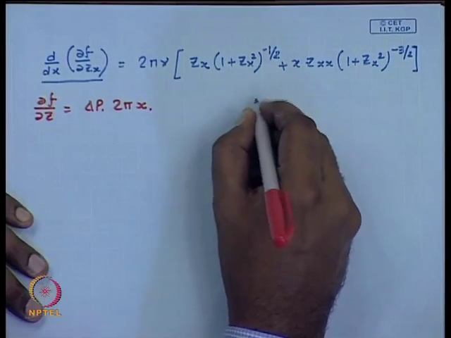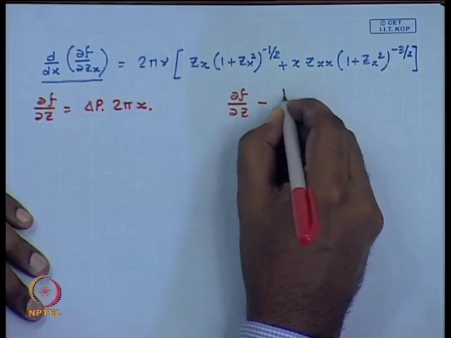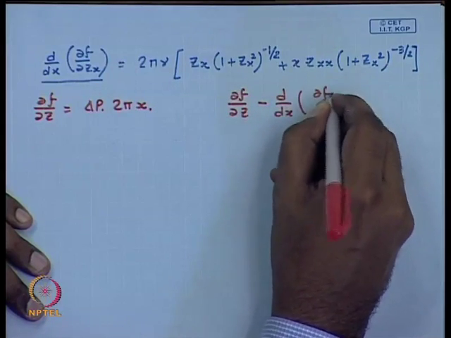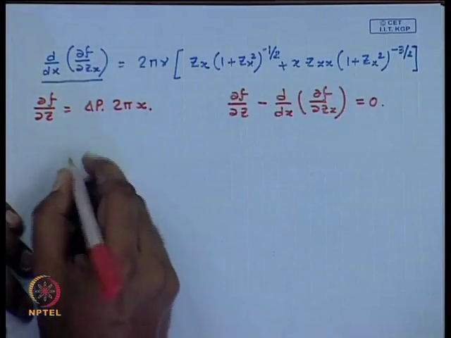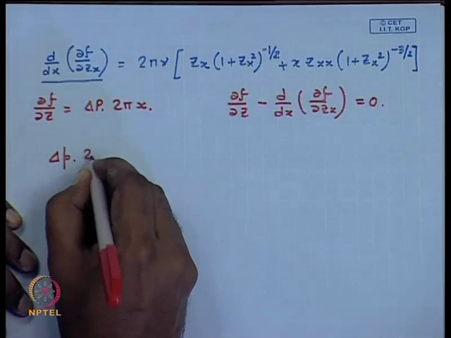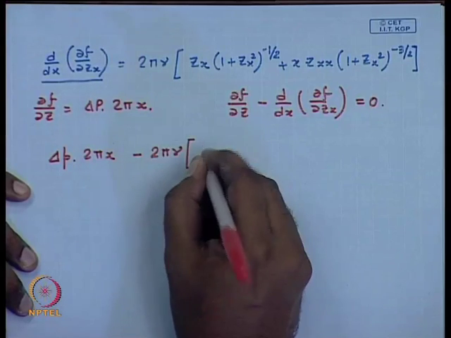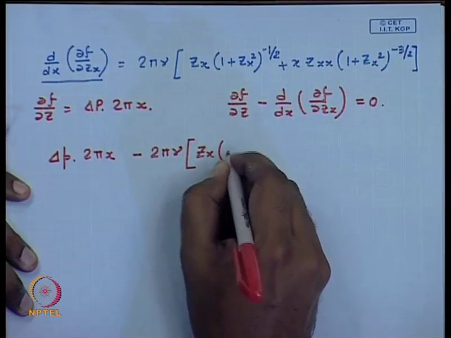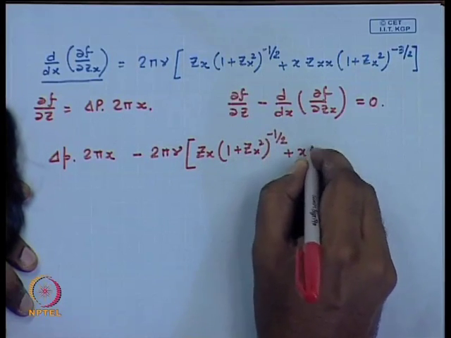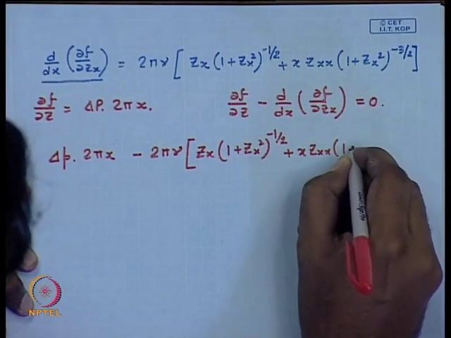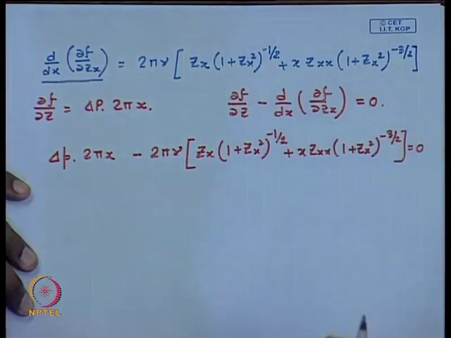Now, we relook at the condition for the optimum which we have already written, which turns out to be... and if you substitute the respective terms here, you get... okay.